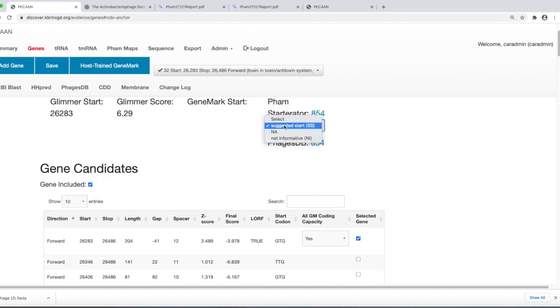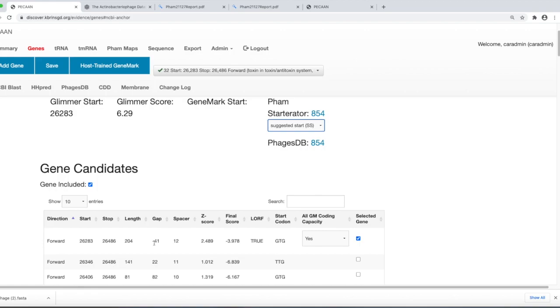If it's supported by Starterator, select the suggested start. If it is not supported by Starterator, the non-informative, if there's no Starterator information, is when you would use the NA or not available.